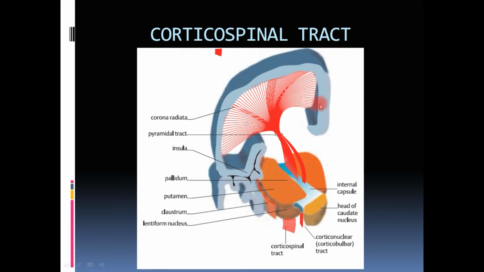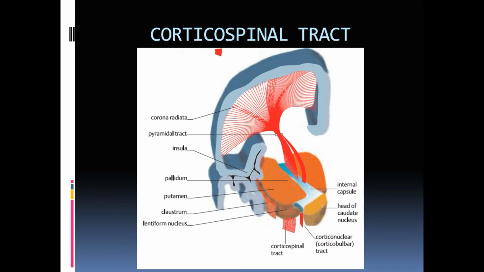As we can see, the corticospinal tract arises from the motor cortex as well as from the somatosensory cortex. The cell bodies of 30% of its neurons are situated in the primary motor cortex.